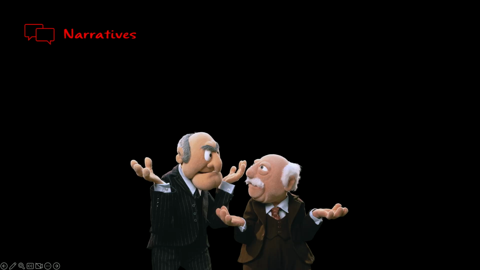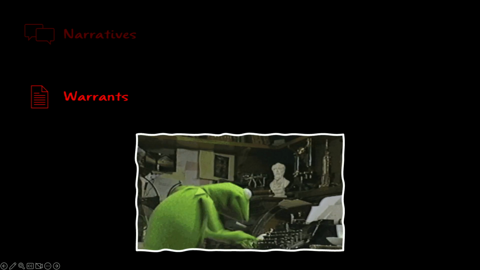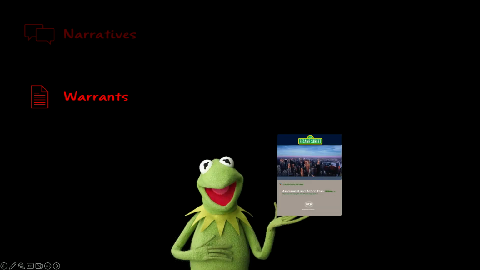So the second piece of how policy works is through what I will call warrants. Essentially, these are the authoritative documents, right? These are the things that when we think about policy, we probably think about most often, right? The things that get written down and codified in that way, right? So somebody sits down, they do a bunch of writing, and then they produce the thing.